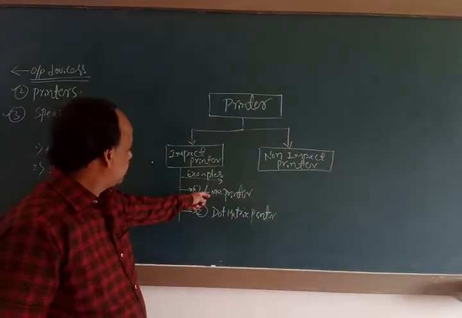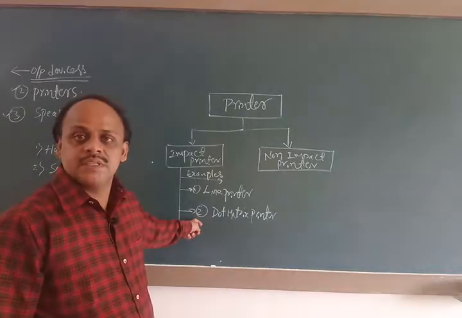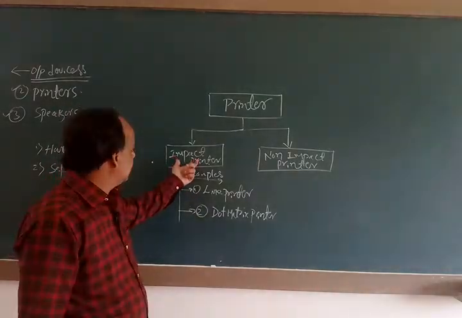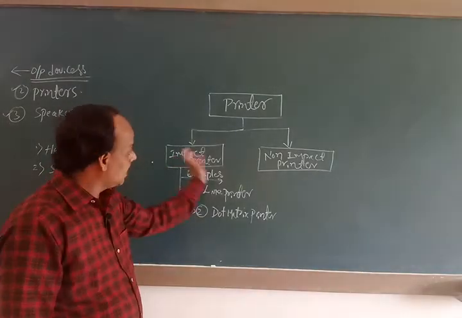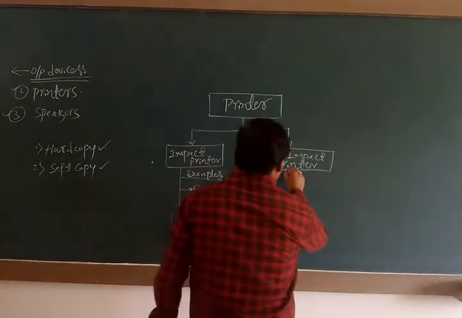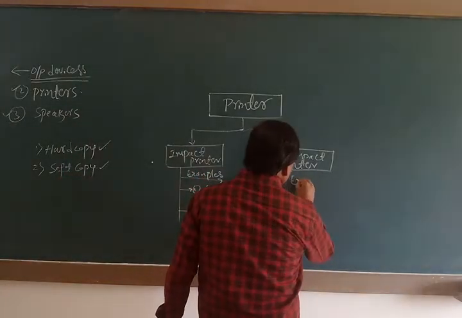Means line printer, dot matrix printers are the examples for impact printers. Now let us see examples for non-impact printers.